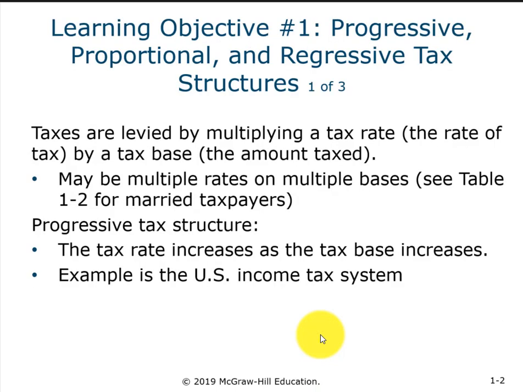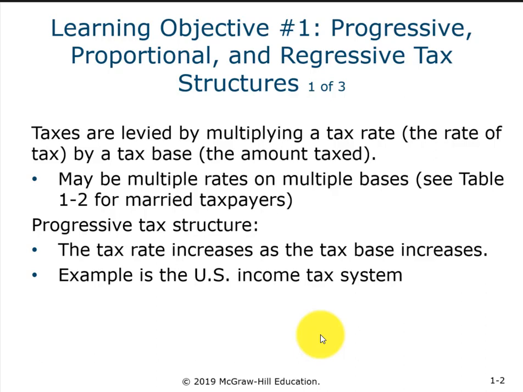So let's talk a little bit about the different types of tax systems. Typically, we calculate taxes by multiplying a tax rate, a percentage, by a tax base. So basically, tax law is about those two things: what tax rate gets applied, and what income is subject to that tax, the tax base.